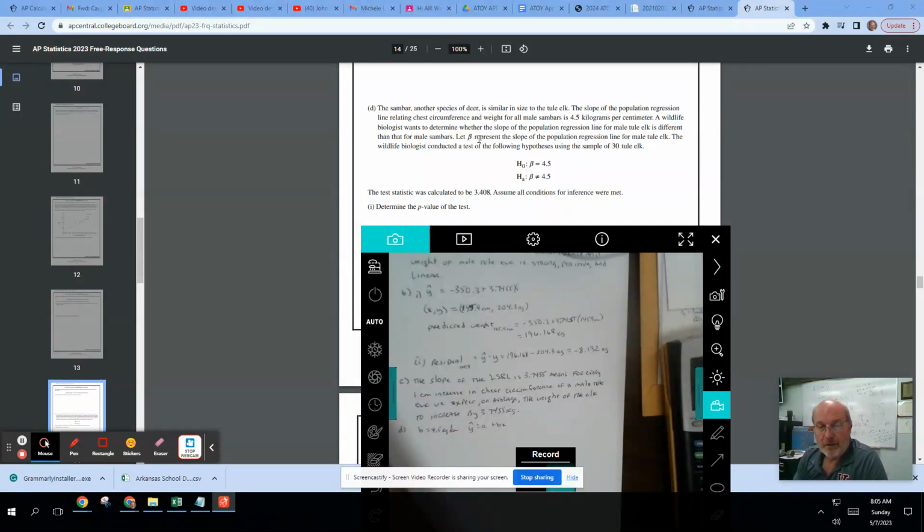So let beta represent the slope of the population regression line for male tule elk. The wildlife biologist has conducted a test of the following hypothesis using the sample of 30 tule elk. The test statistic was calculated to be 3.408.